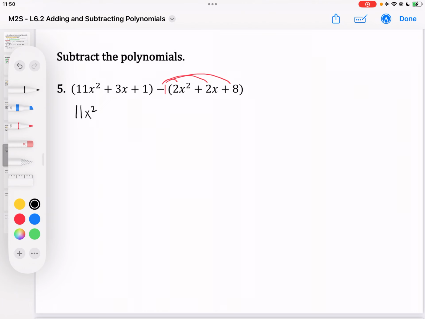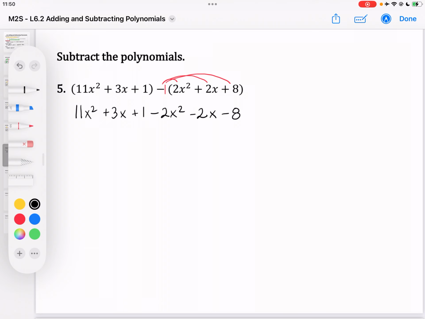So I'm going to keep it as 11x squared and then plus a 3x and plus 1. And then I'm going to rewrite the second, and notice I'm not putting parentheses in, so I've got -2x squared, because -1 times 2 is -2. Now -1 times 2x is -2x, and -1 times 8 is -8.